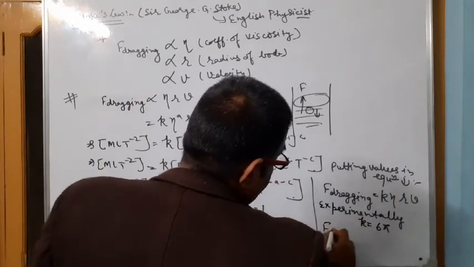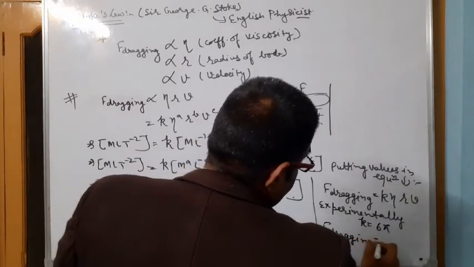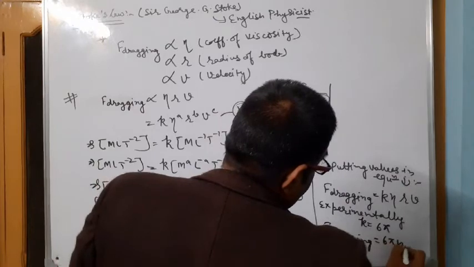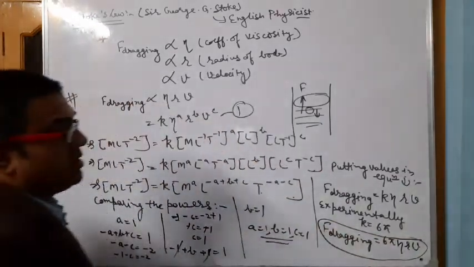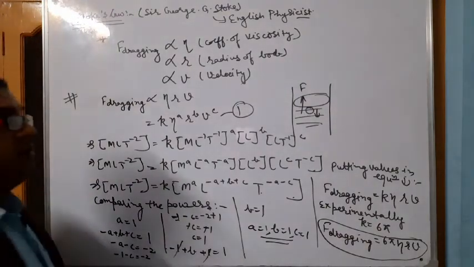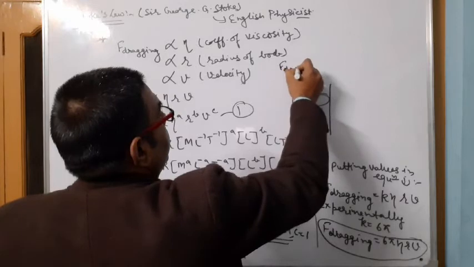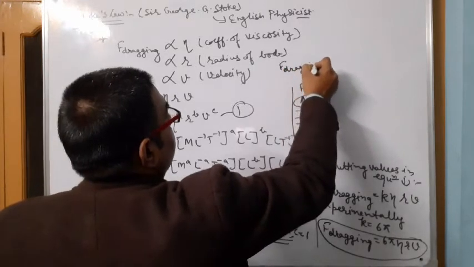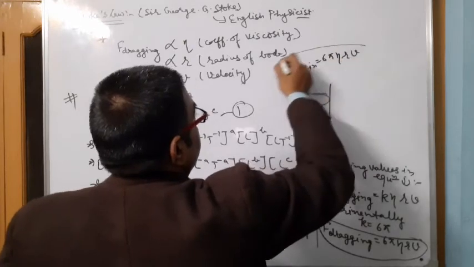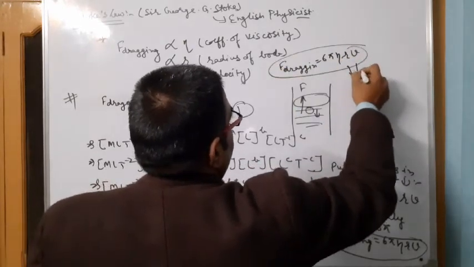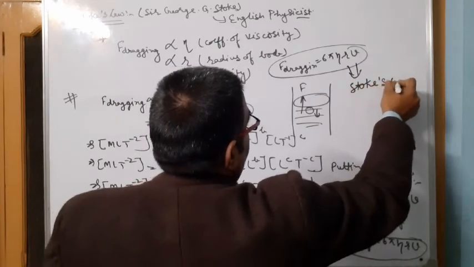So F dragging is equal to 6 pi eta r v. This is called Stokes law.